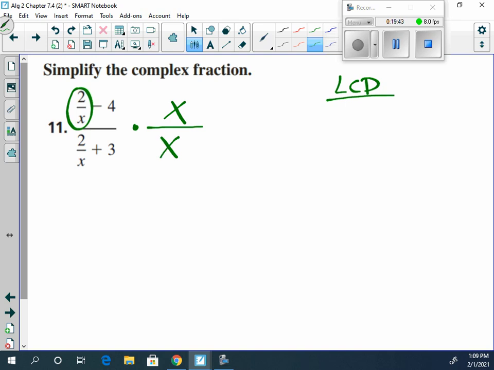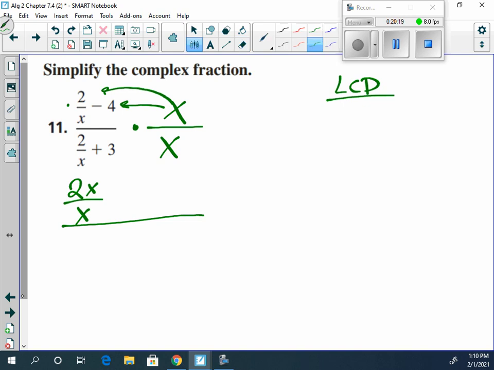So what about the denominator? Well, we'll need x. But is there anything else that we need besides x? Well, now we have the 2 over x and 2 over x, yes? Because x divided by x is 1, so it would simplify. So here we only need to multiply the numerator and denominator by x. So if we multiply through, again, we're only multiplying by the top terms of fractions, so x times 2 would be 2x divided by x.